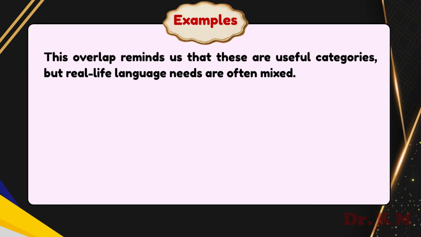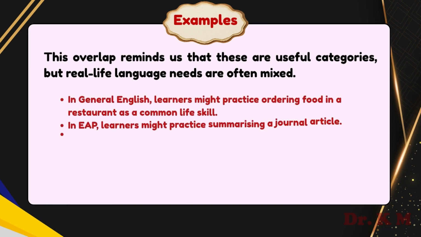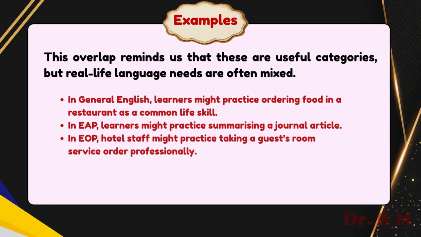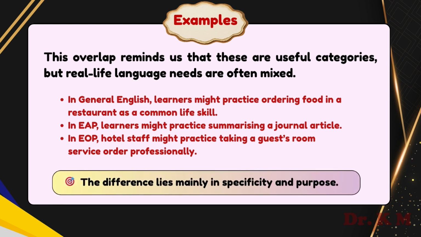For example, in general English, learners might practice ordering food in a restaurant as a common life skill. In EAP, learners might practice summarizing a journal article. In EOP, hotel staff might practice taking a guest's room service order professionally. So, the difference lies mainly in specificity and purpose.